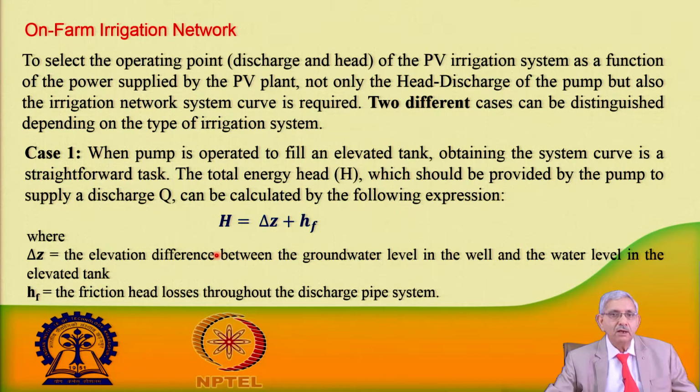From the curve, the total head H will be given by the difference in elevation plus the head loss due to friction. So, one has to find out how much head will be required to fill the tank at that elevation.